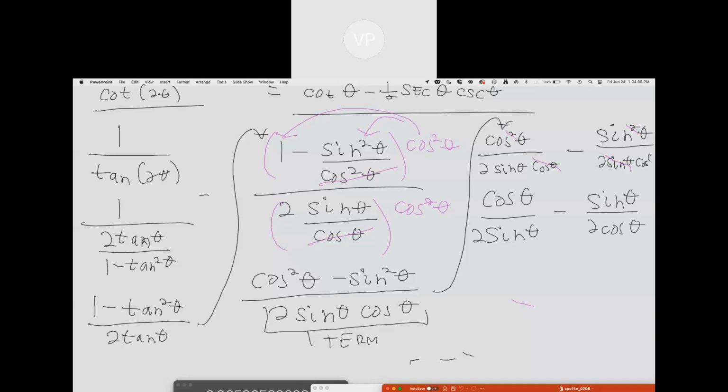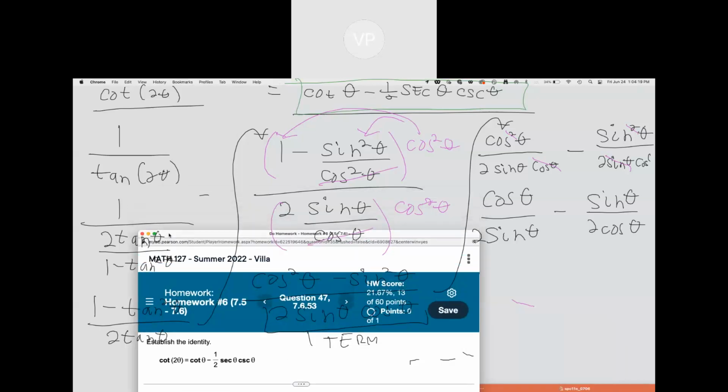All right, now I'm getting closer to what I'm supposed to have in this problem. Remember, my goal is all of this up here.